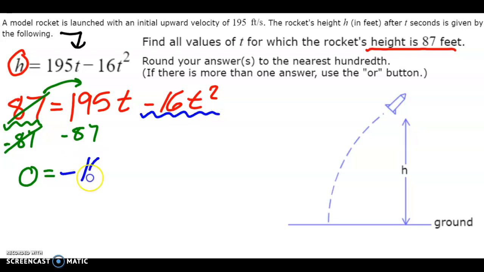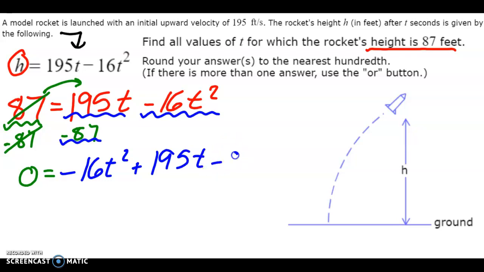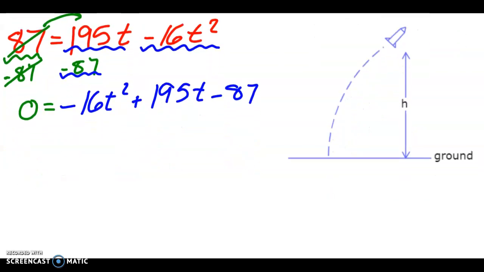Make sure that the negative comes with it because that's the coefficient. This is a positive 195t, so I'll be adding 195t. And then this negative 87 is being introduced from the canceling step that we did, so I'll be subtracting 87 from the back. So that's your A, your B, and your C.